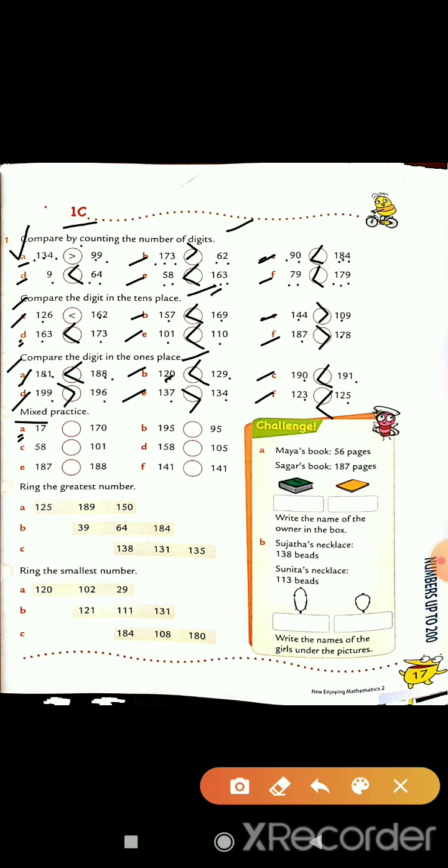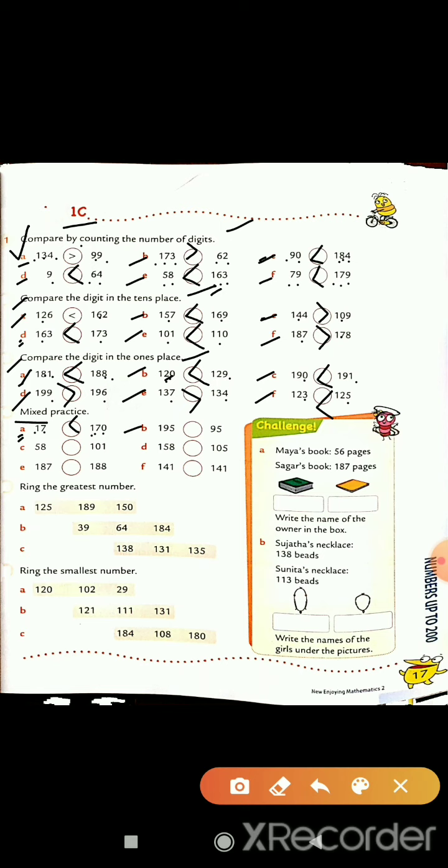A1, 17 and 170. Both the numbers have different number of digits. 17 is having 1, 2 digits, and 170 is having 1, 2 and 3 digits. So 3 digit number is greater than 2 digit number, so 170 will be greater than 17.